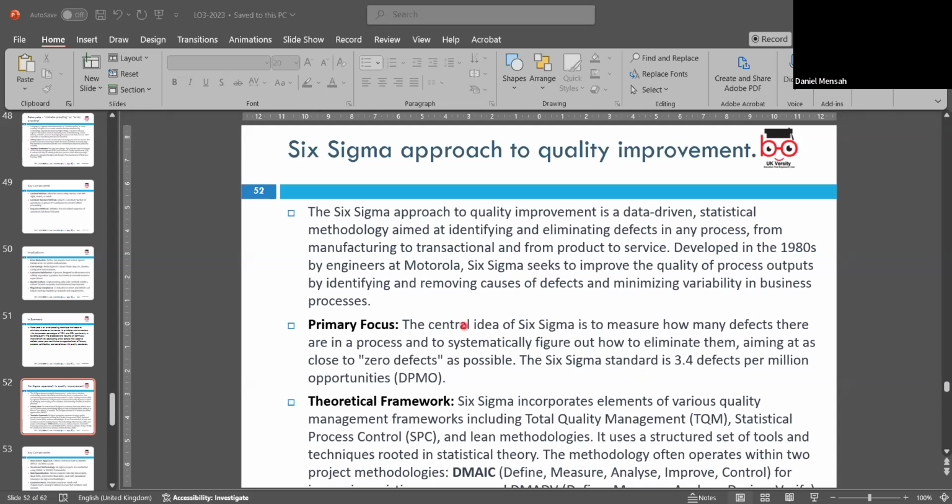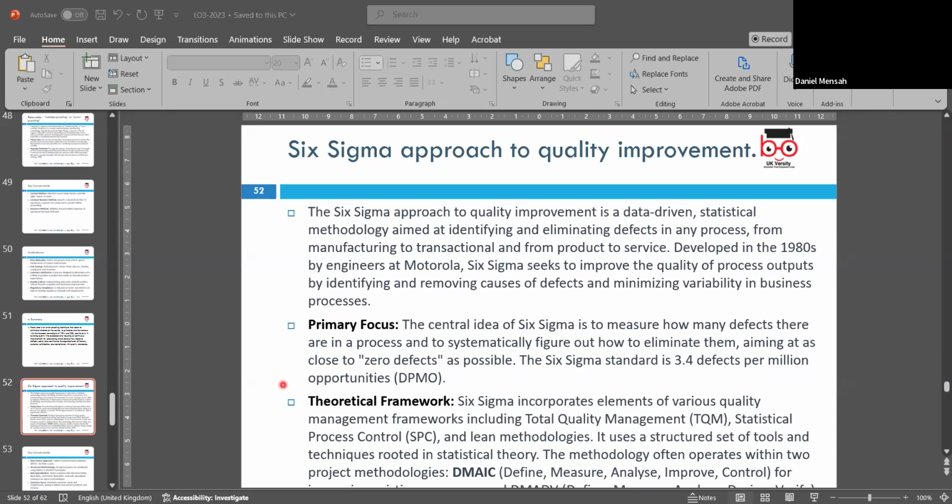This also combines the concepts of total quality management, statistical process control, and lean methodology. Because it is a data-driven methodology, they are using statistical process control, using different data charts, analyzing the data, and based on the data, finding inefficiencies in processes.